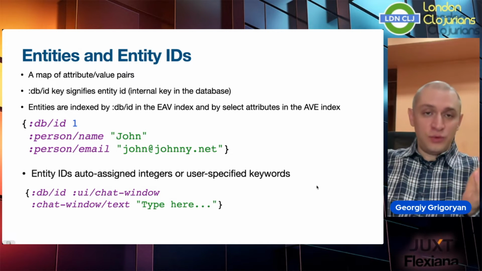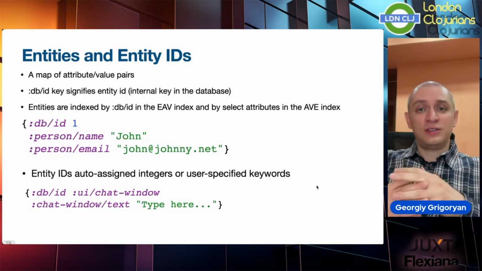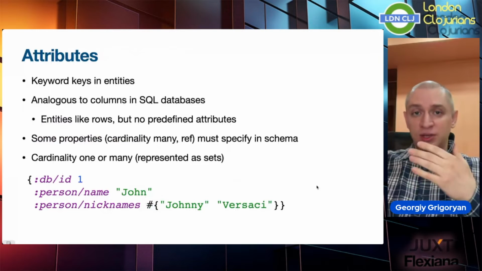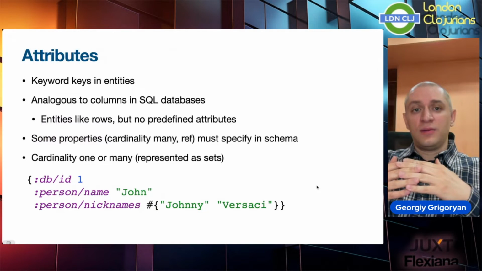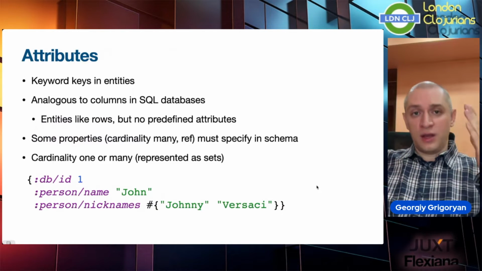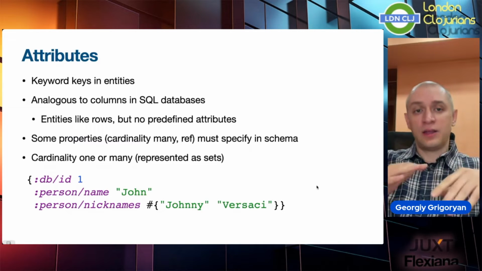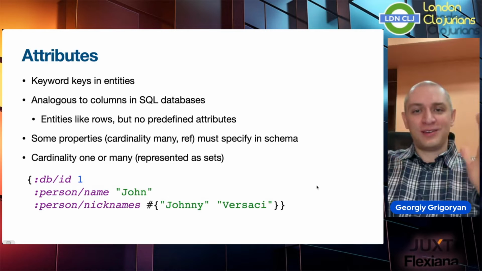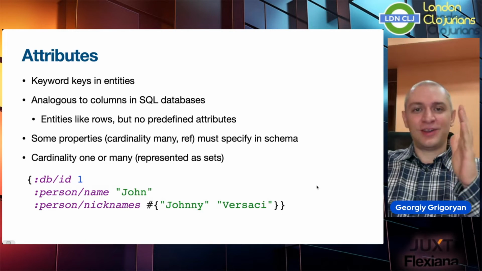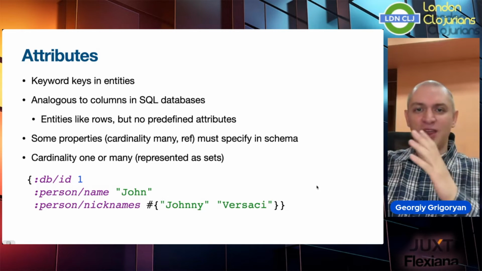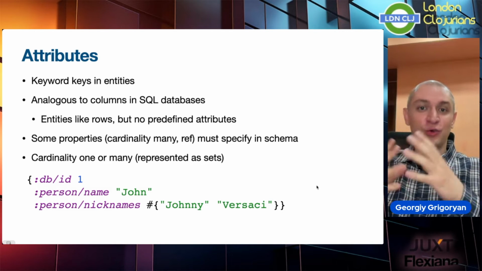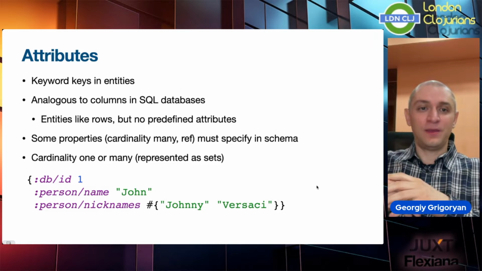And then we have attributes. They're just keyword keys in entities. They're sort of analogous to columns in a SQL database. And then if the attributes are like columns, then entities are like rows, but these rows have no predefined column sets, right? They're just open, and any attribute that's available in the database, you can have it in your entity or not have it in your entity.